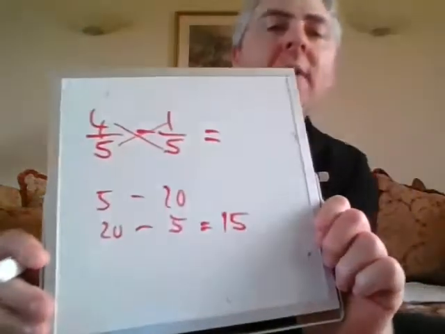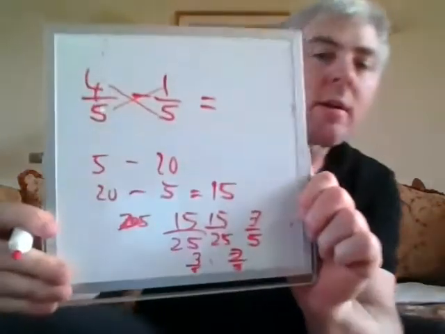And then you say, what do 5 go into? Well, that's 25. So then it's 15 over 25. And 15 over 25 becomes 3 over 5. So the final answer is 3/5 here. That's the final answer.